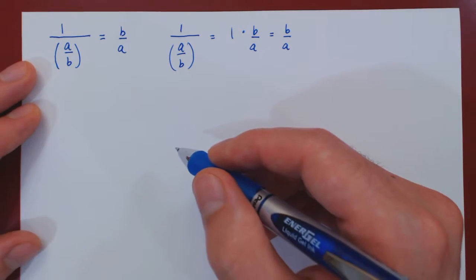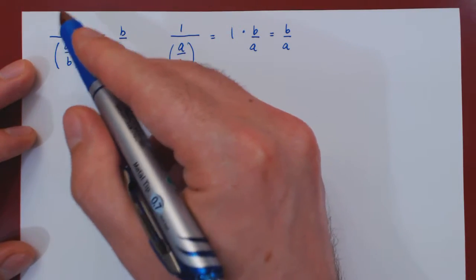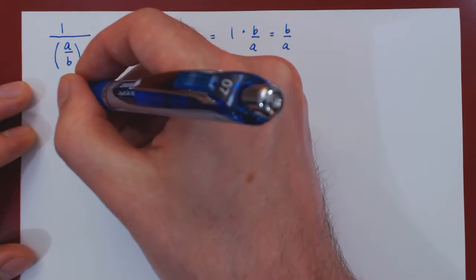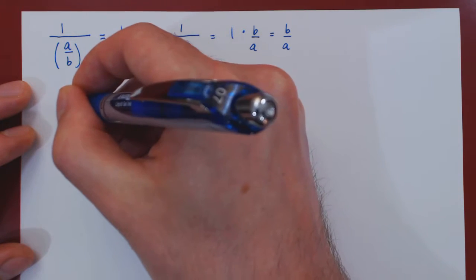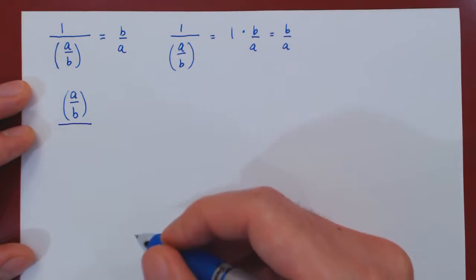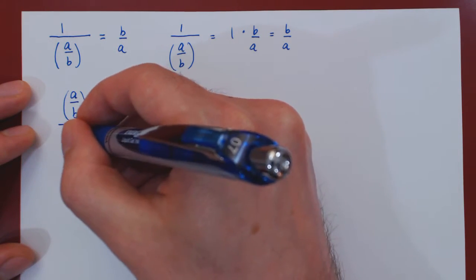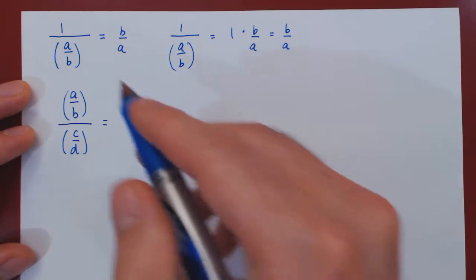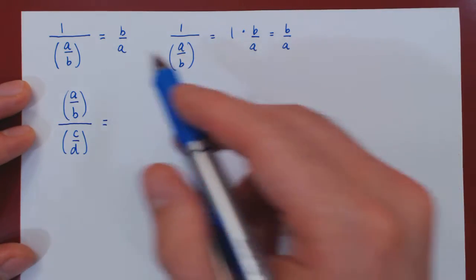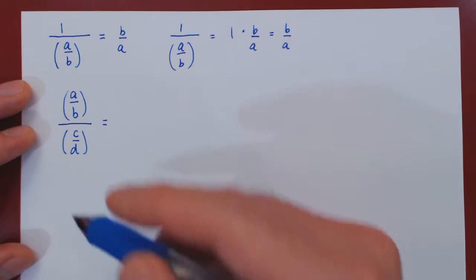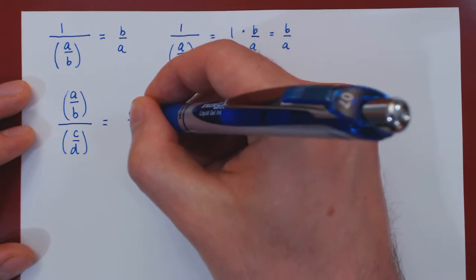Now what if you have a more general version of it, replacing 1 by another arbitrary fraction? So what if you start with a over b as the first fraction, divided by c over d? If we follow the same logic as in the special case, the numerator will stay intact, so a over b will stay a over b.